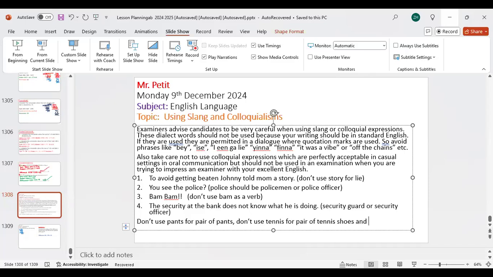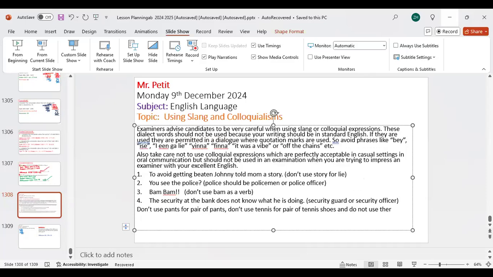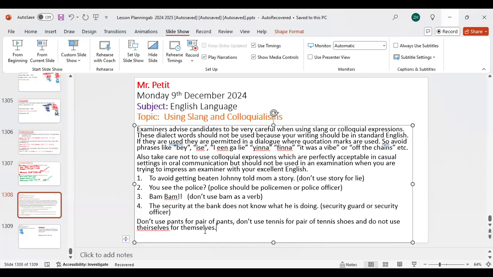And do not use their cells for themselves. Themselves. Yes. It's wrong because, yeah, you could clearly see it. So we can't say I put on my tennis. No. Put on your tennis shoes. Oh yeah, because tennis is a sport.